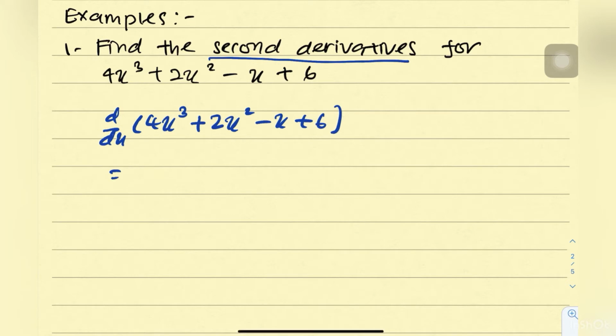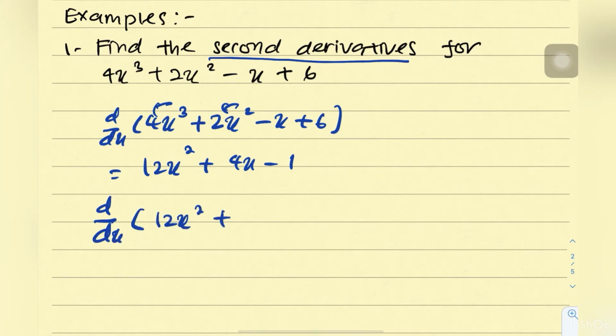We differentiate once first, and we get 12x squared plus 4x minus 1. This is the first derivative. Then we differentiate another time: d/dx of 12x squared plus 4x minus 1 gives 24x plus 4.